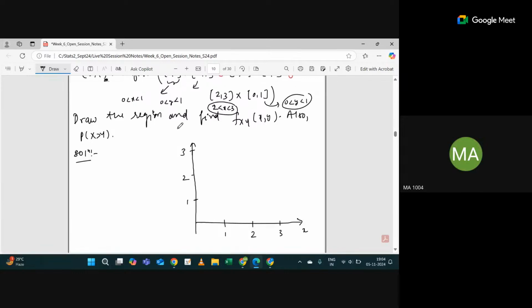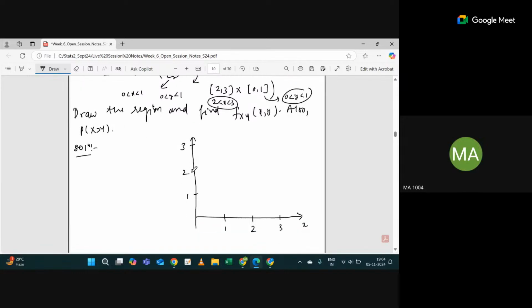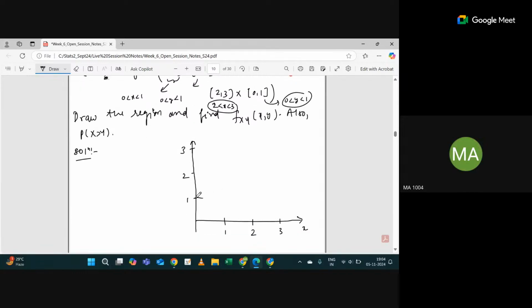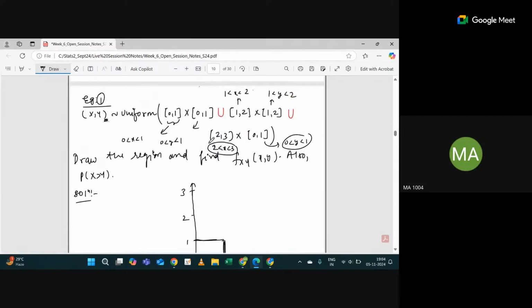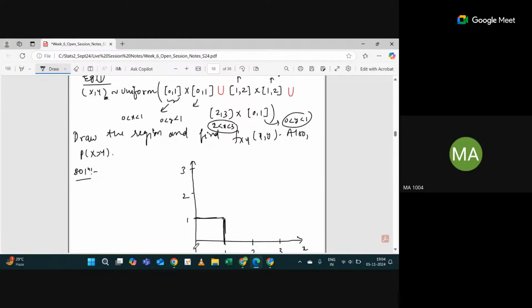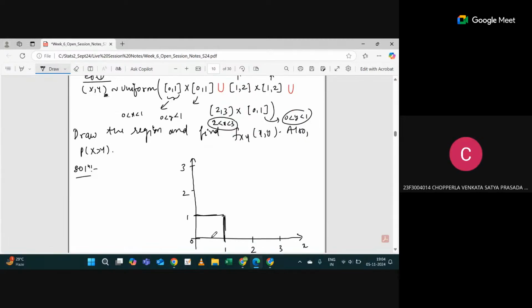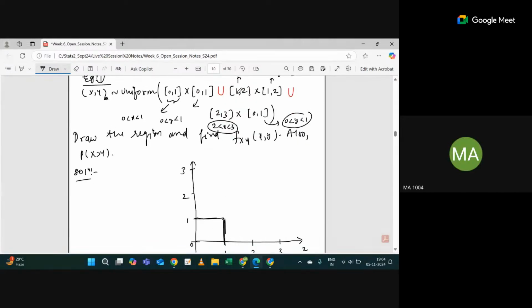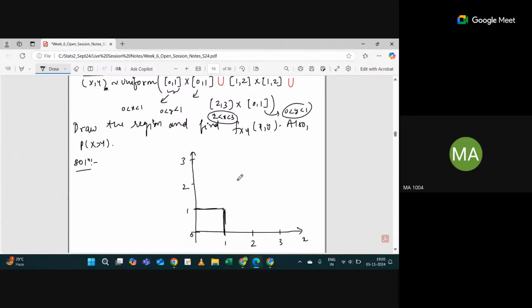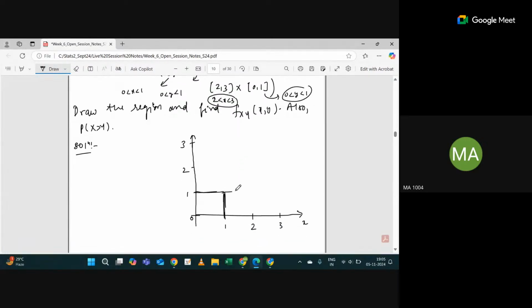If you see the first part, x is 0 to 1 and y is also 0 to 1. That means I got this square, (0,1) into (0,1). This is again the union of (1,2) and (1,2), so x is 1 to 2 along with y is also 1 to 2.